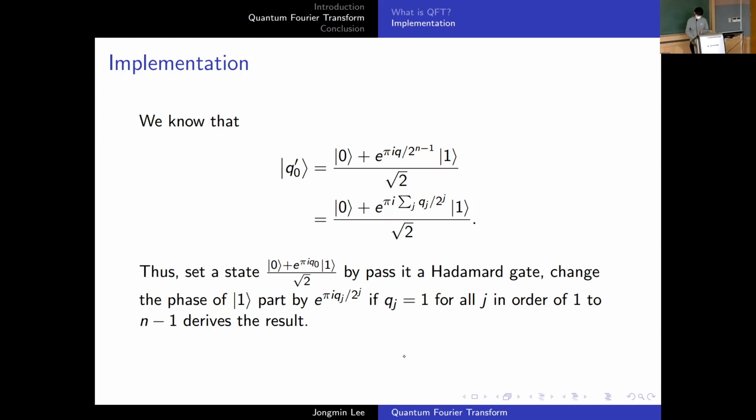So we need to use the control gates in this algorithm.